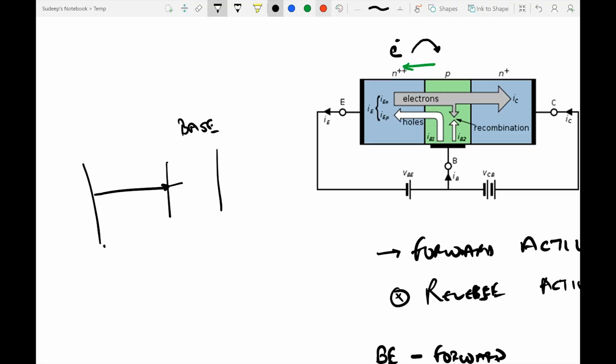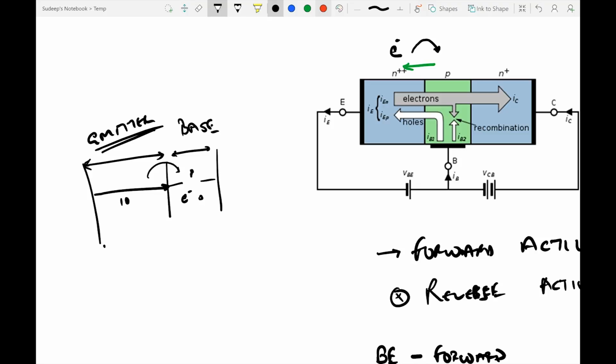The number of electrons that move in from the emitter in proportion to the size of the base is very high. Let's say for a given size there are 10 free moving electrons, and in the base there's just one hole available. So out of these 10 electrons that have crossed over the junction into the base, only one would be able to combine with the hole. Basically this electron would get lost in the base region.